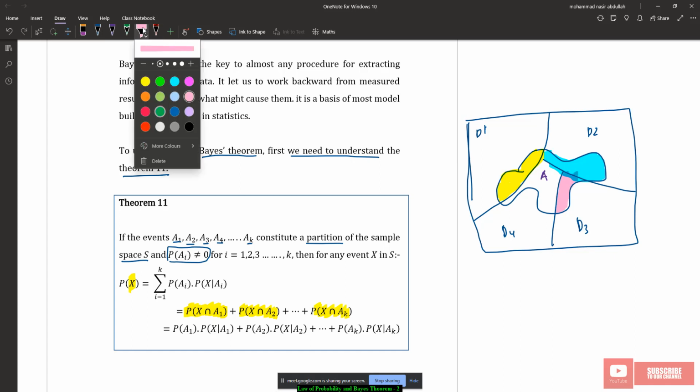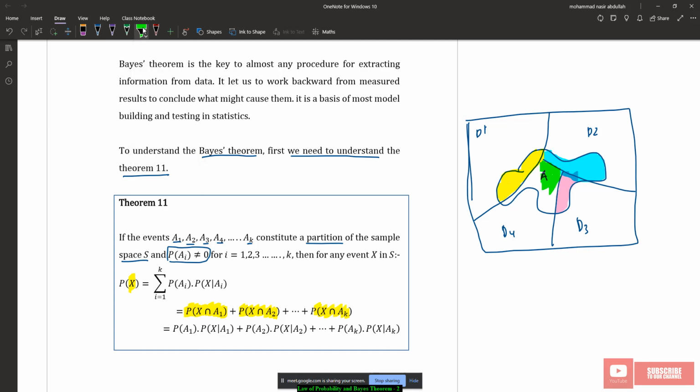And the last one is the area of the lake for district 4.